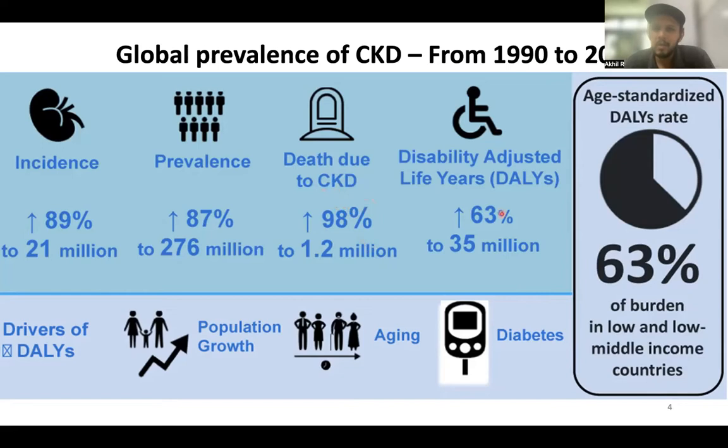And there is a 63% burden in low to middle income countries. So most of the underdeveloped and low developed countries are suffering from this systemic disease. The drivers for this disease include population growth, aging, and diabetes.